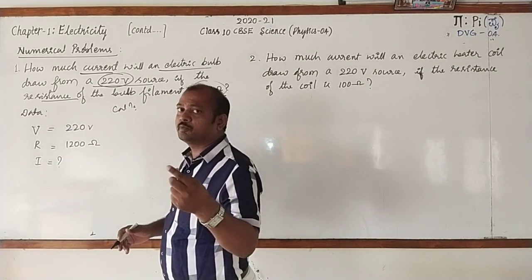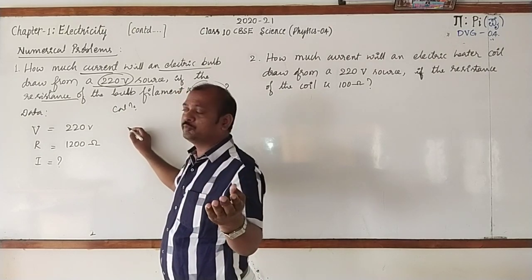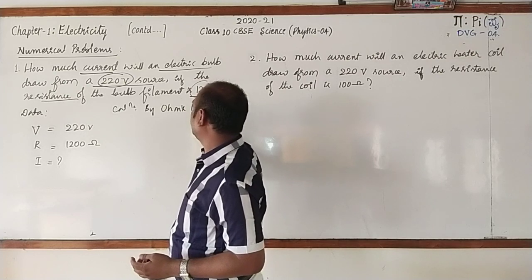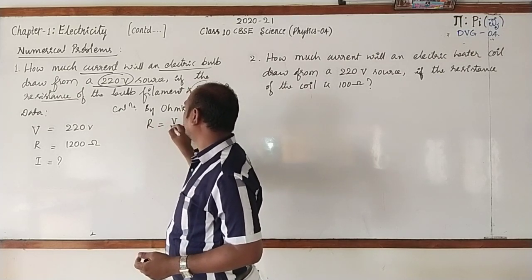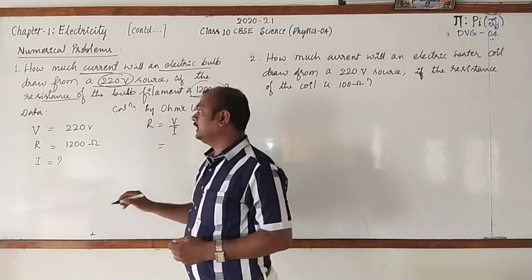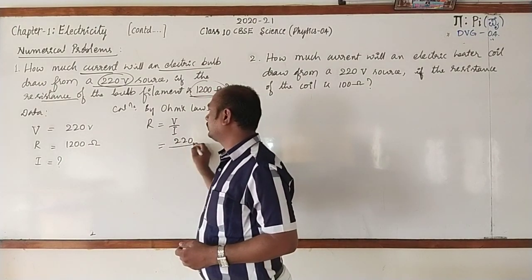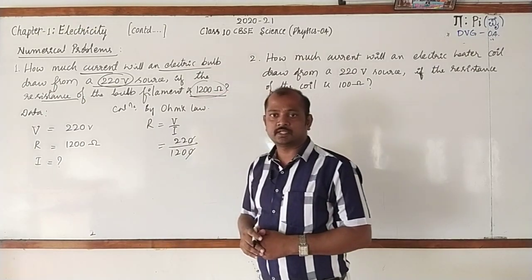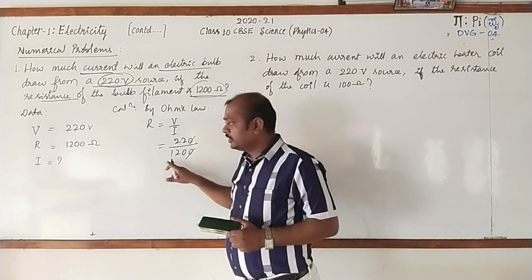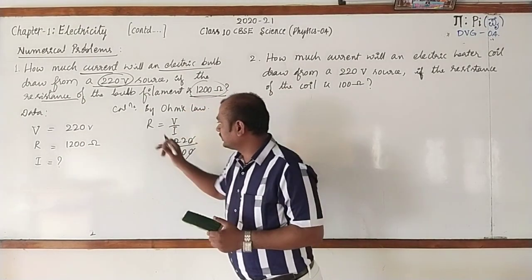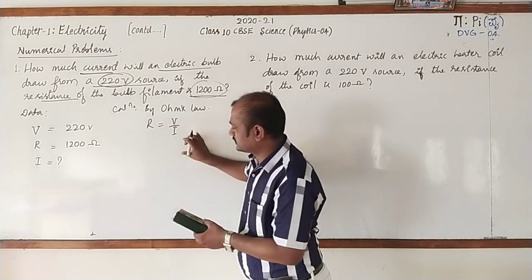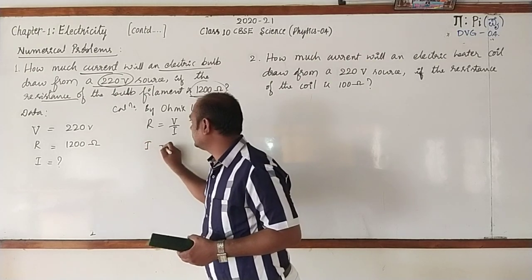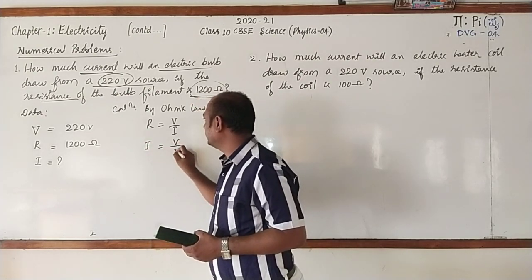It is from Ohm's law, that is R is equal to V by I. By Ohm's law, we can write R is equal to V by I, where V is 220 and R is 1200. 0, 0 get cancelled. So we are finding I. Sorry. Now, alright, of course, the ratio we had taken was the same only. Let us solve I. I is equal to V by R.